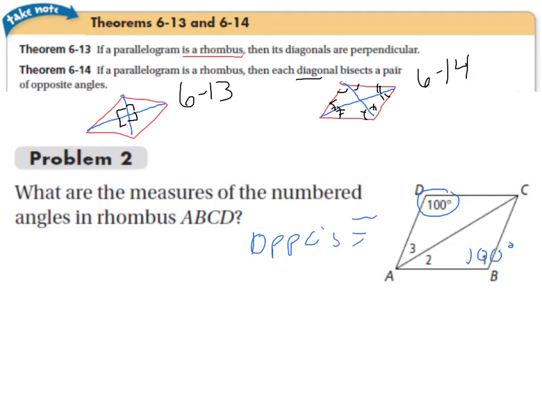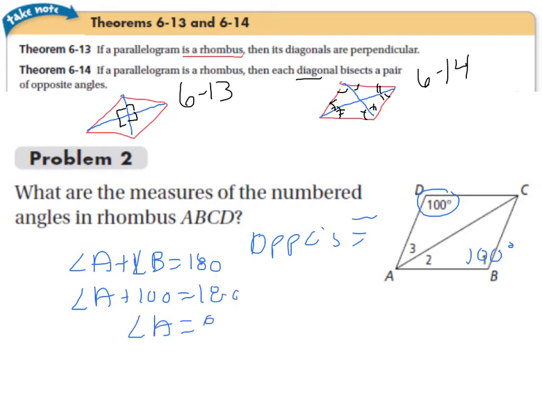I also know that my consecutive angles are equal to 180 degrees. So angle A plus angle B are equal to 180. So if I know angle B is 100, I could figure out what angle A is. And angle A would be equal to 80 degrees. So this whole angle here is 80 degrees.